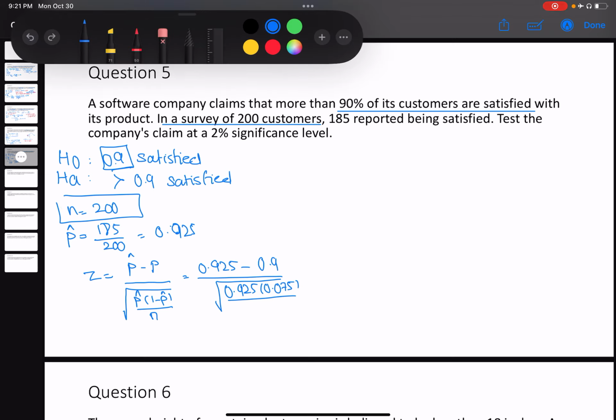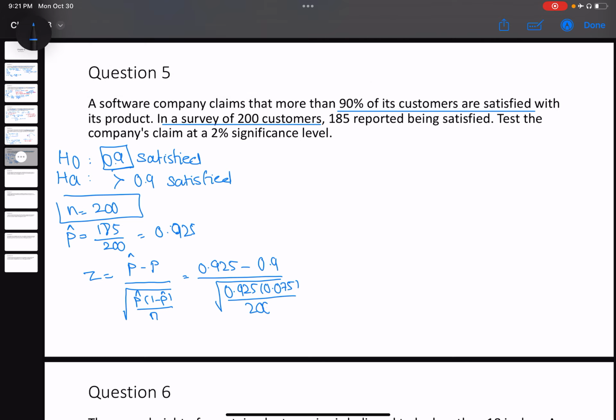N equals 200. Final answer would be 1.388.